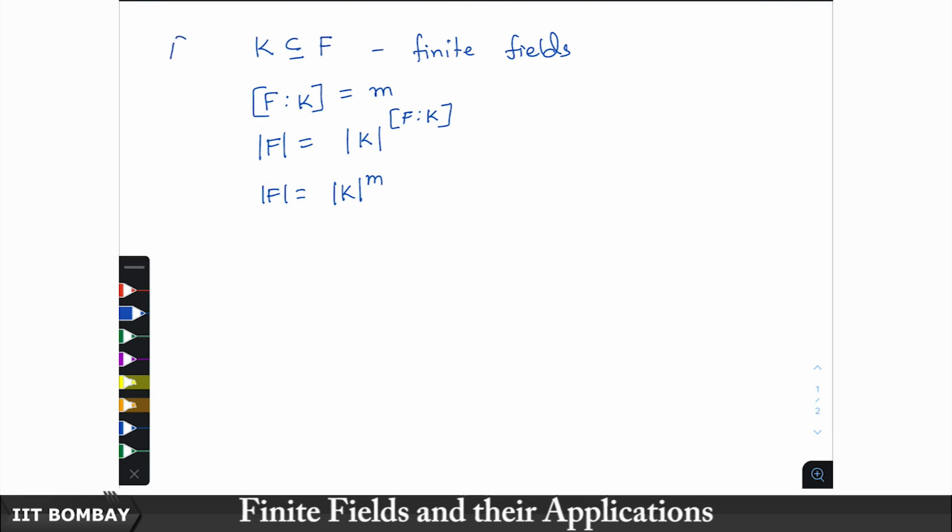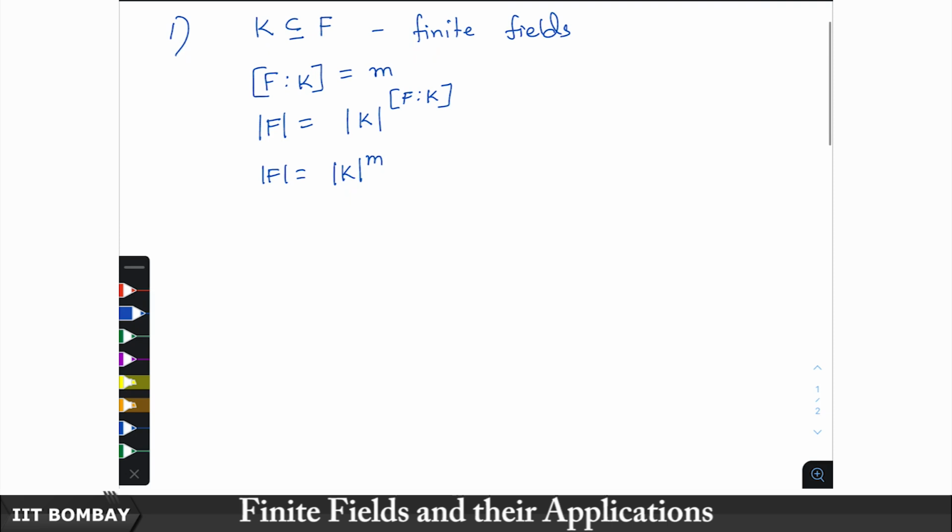So, this is the first thing we recall, and then let us also recall that the characteristic of a field is defined as the smallest number of 1s that when added gives us 0.